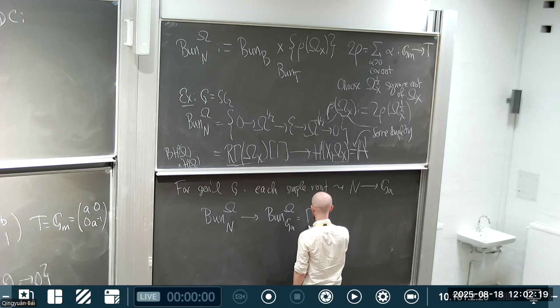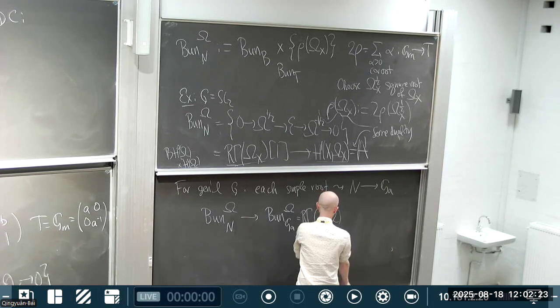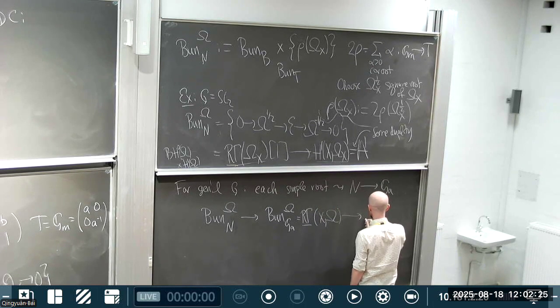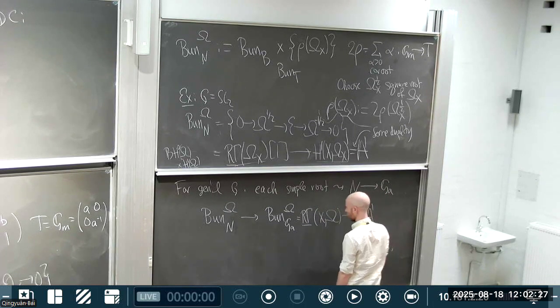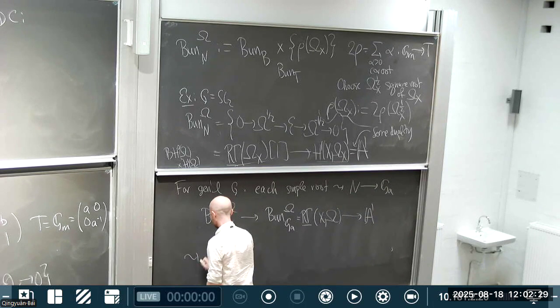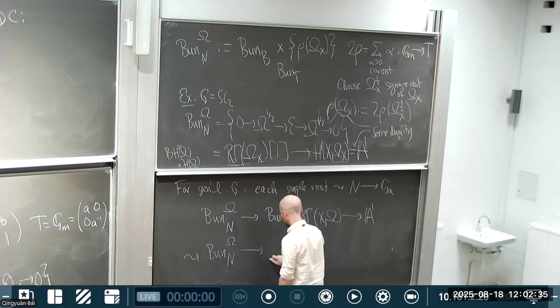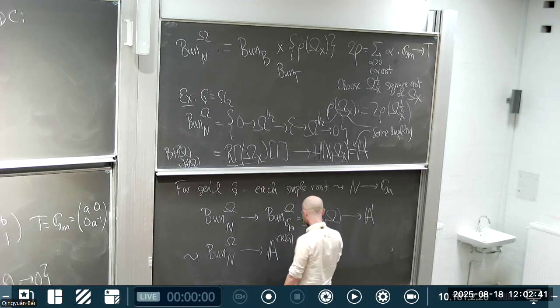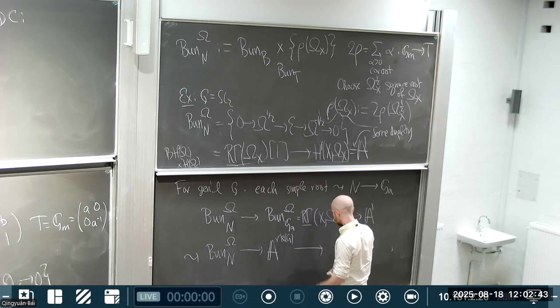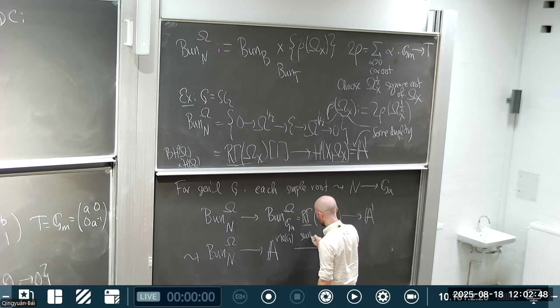Again, it's this R Gamma of X with coefficients in omega, which then maps to A1. So these glue together to give me a map from Bun N with this omega twist into an affine space of dimension the semi-simple rank of G, which I can then map to A1 by summing the coordinates.